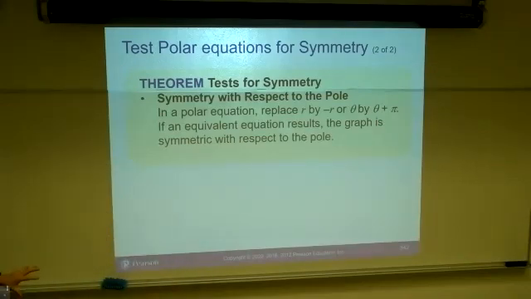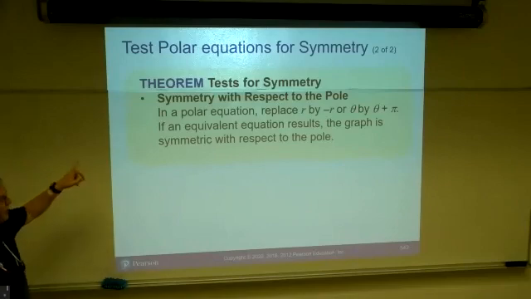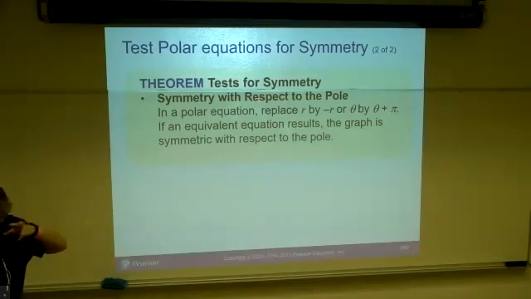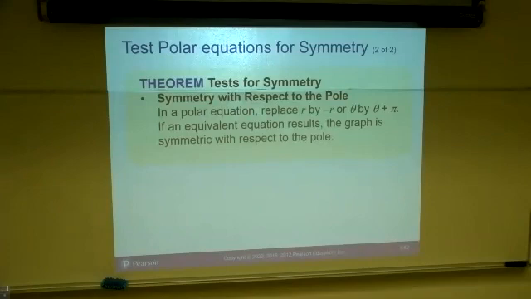This just says if it passes this test, it does have that symmetry. All right, every circle has all three of these. So an equation could have one or more of these three types of symmetry, and these are the three types we check for, because there's other forms of symmetry, but we're centering on things that go through the pole.